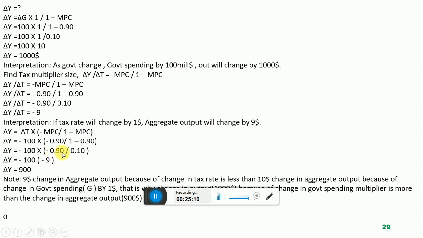Minus 0.90 divided by 0.10 gives us minus 9. So minus 100 multiplied by minus 9 is $900 million.